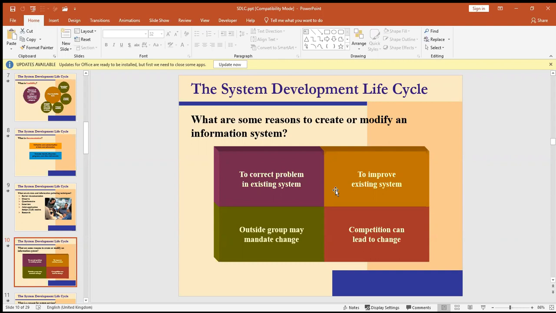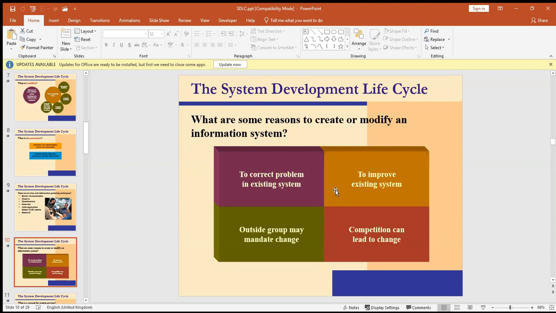For example, we have that order event, yes, it is in place, but maybe we realize that there are certain components we can incorporate there to make it more robust. So that might also be another cause for us to come up with a new project.